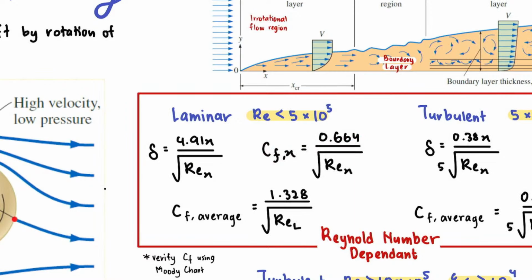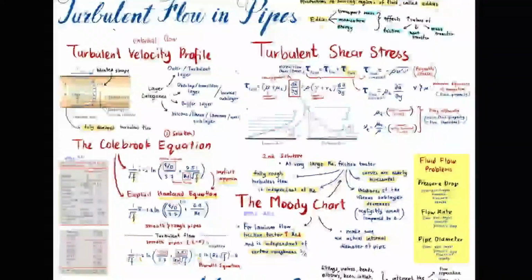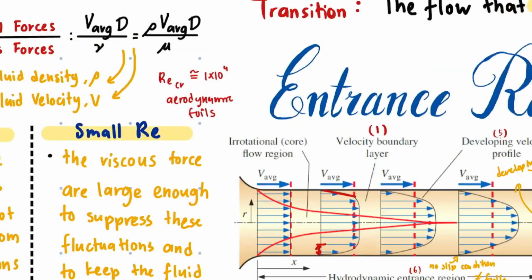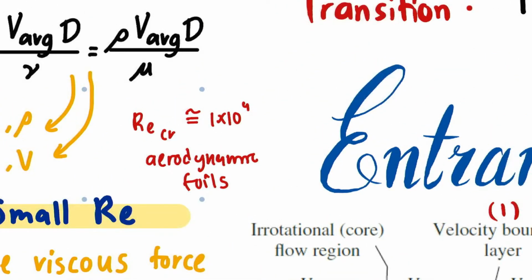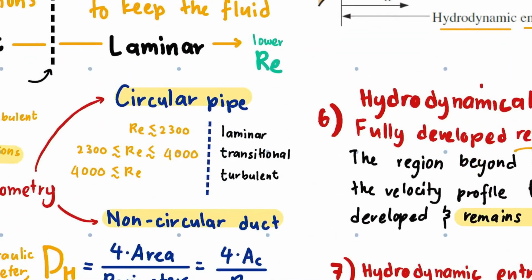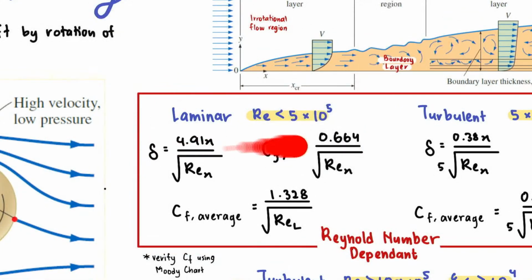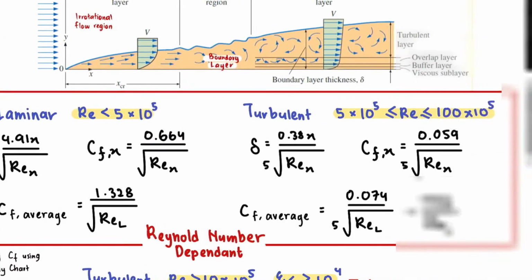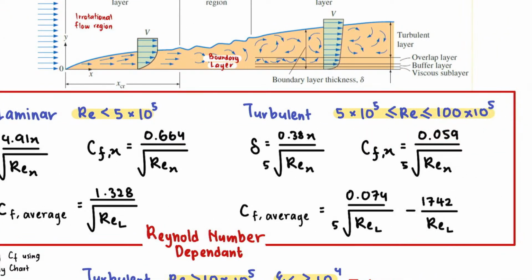In contrast to internal flow, let me correct myself: 5 times 10 to the power of 5 is for aerodynamic flows. This is for a circular pipe. But when we are talking about flat planes, the laminar flow is considered to be under 5 times 10 to the power of 5, and turbulent is in between these numbers.